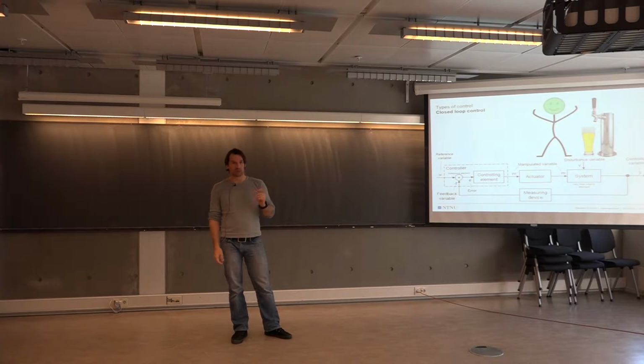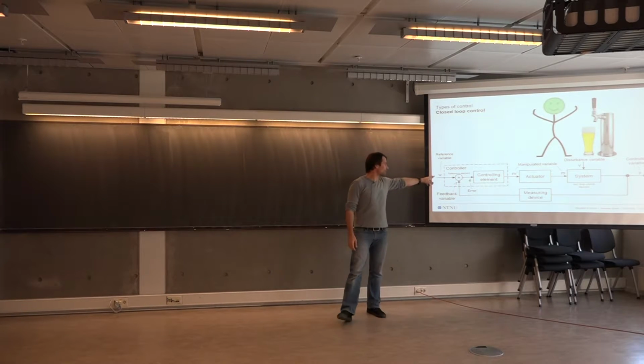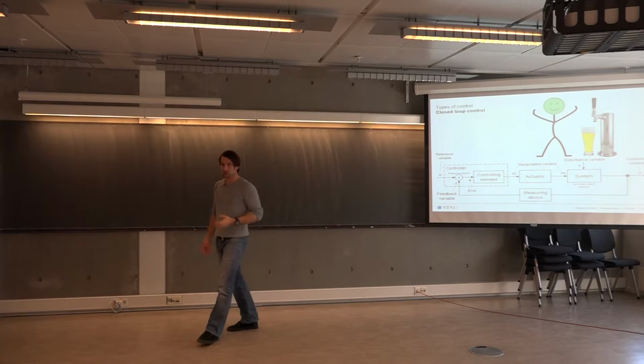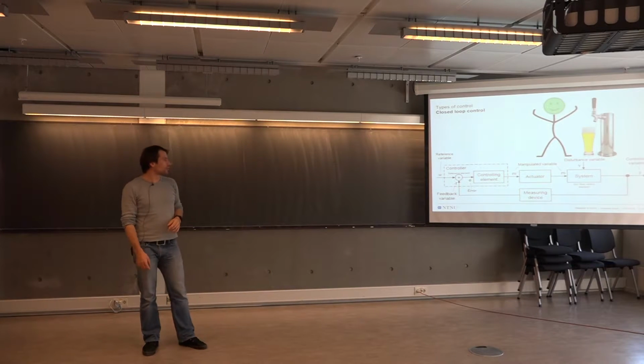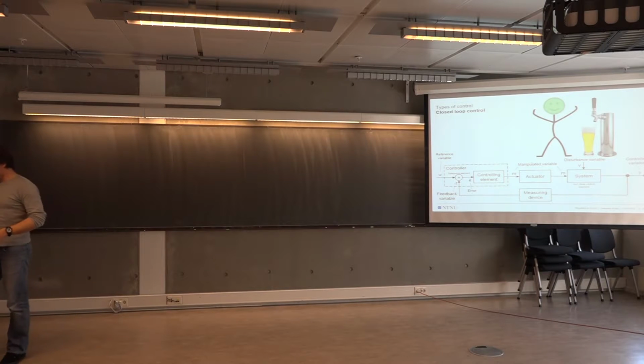It basically computes the difference, which is termed the error, the difference between the set point, so to say, and the current value. And this error is then processed by the controlling element, the brain of the bartender, who manipulates the actuator, the valve, in order to make the flow of beer stop at exactly the right point in time.